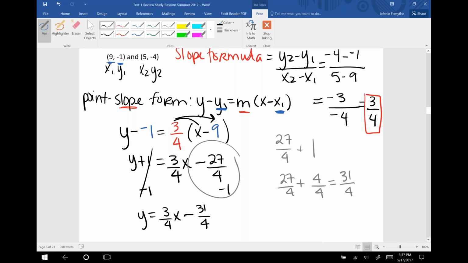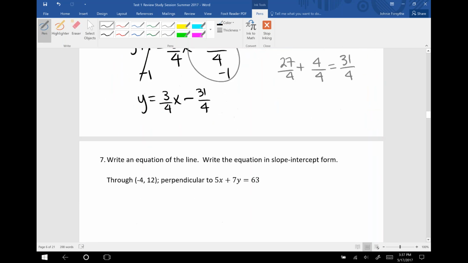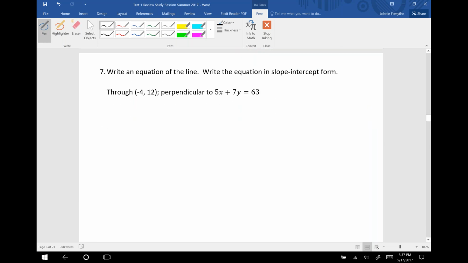Okay, so write an equation of the line and write it in slope-intercept form. Our equation goes through the point negative 4, 12, and it's perpendicular to 5x plus 7y equals 63.